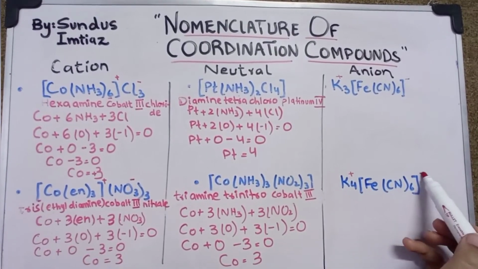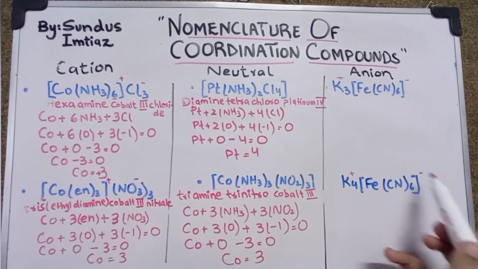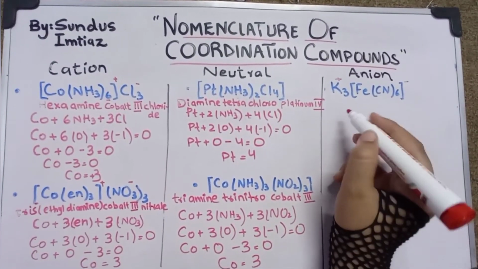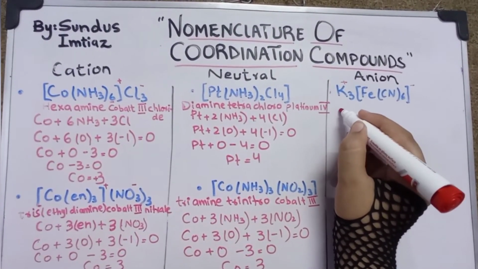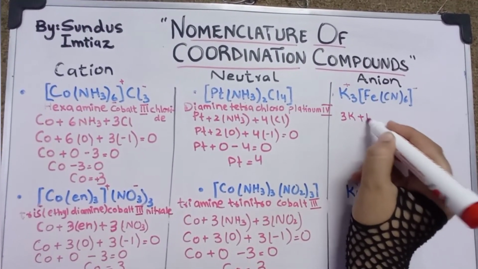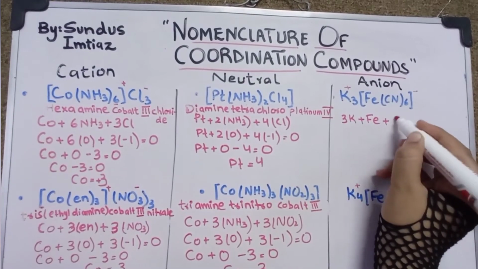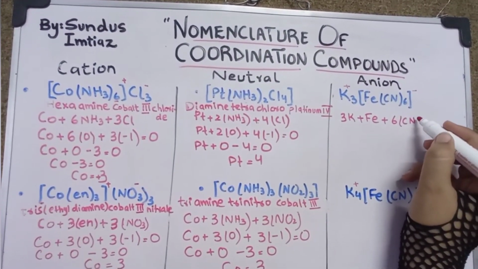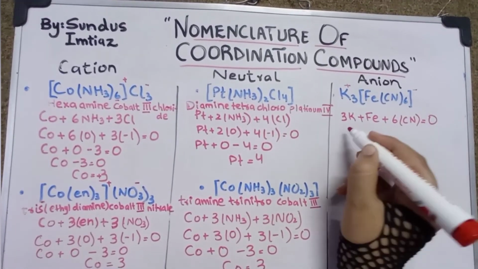So the compound would be an anion. Starting with 3 potassiums plus Fe plus 6 cyanides or cyano, is equals to 0.